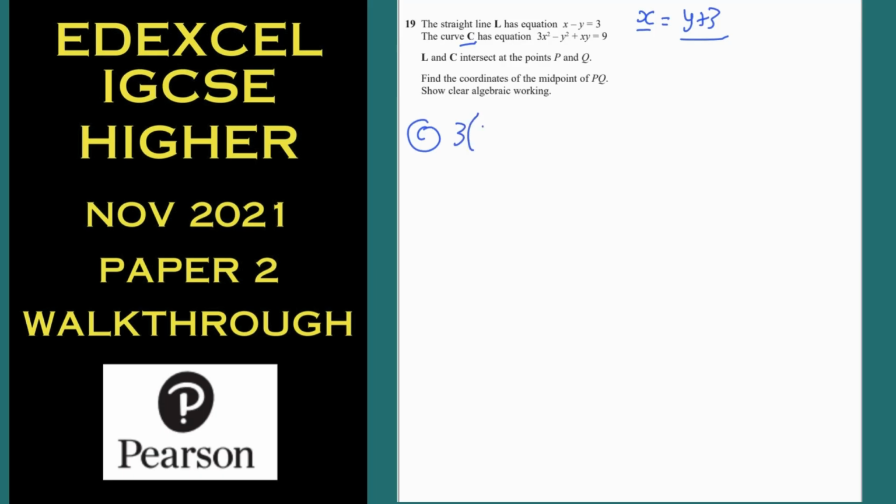So it's 3 lots of x, which is now y plus 3 squared, minus the y squared, which doesn't change, plus the x is replaced with y plus 3. And there you go. At least if you get to that stage, you've earned a mark. But keep going.